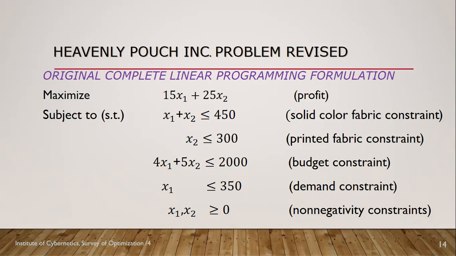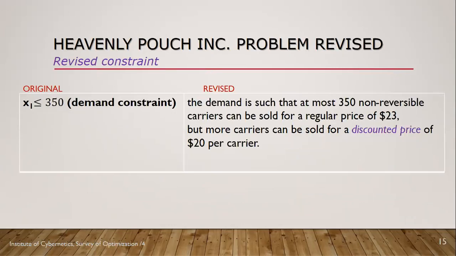Precisely, the first 350 will be sold for $23, and all extra carriers, meaning more than 350, will be sold for a discounted price of $20 a unit. So here is the original constraint, and here is the revised one. Again, we introduce a discounted price for the same type of product.